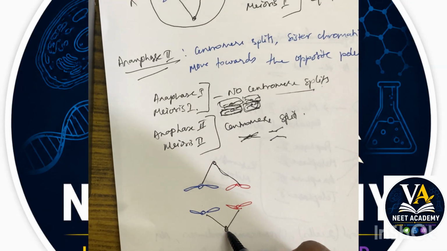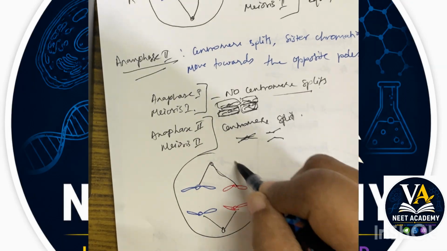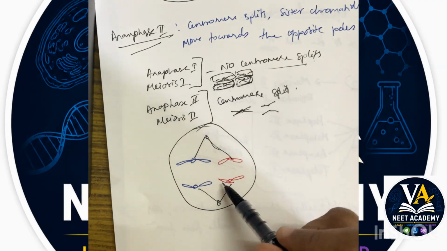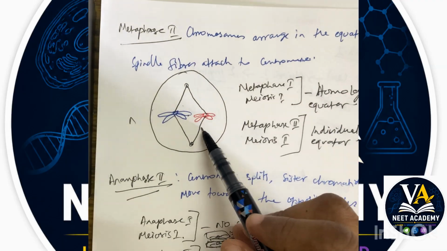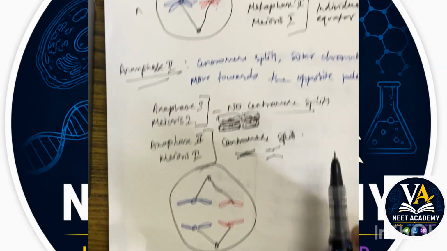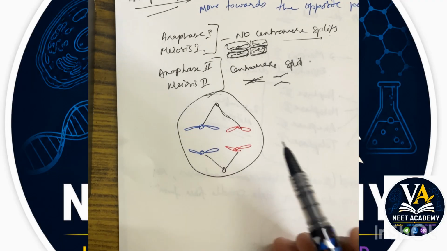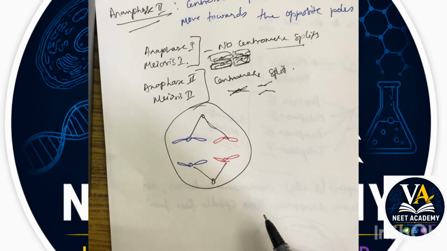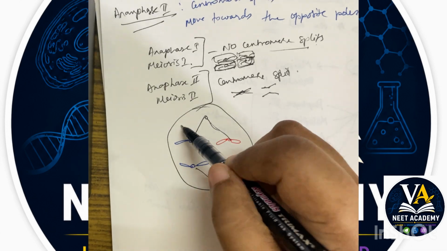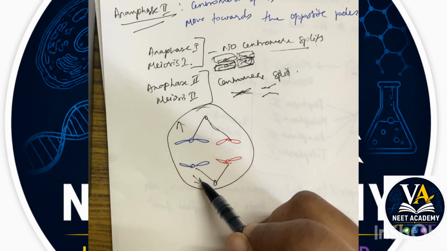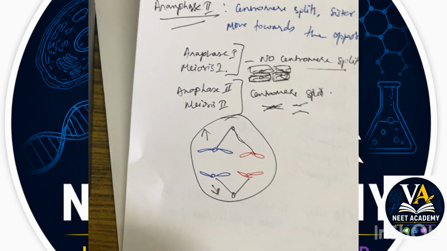This is the cell membrane. From this stage the cell is now becoming like this. The sister chromatids are now separated, moving towards this pole and that pole.